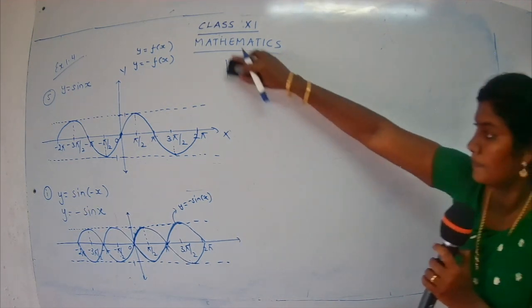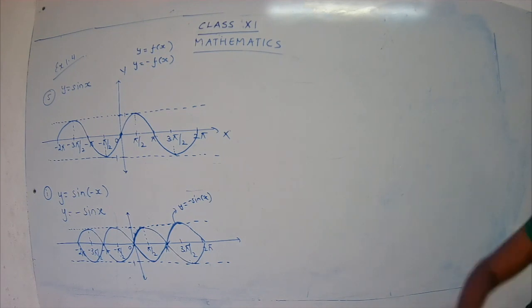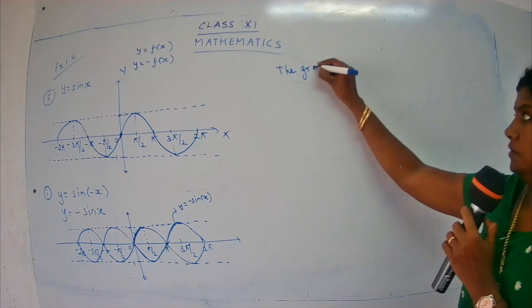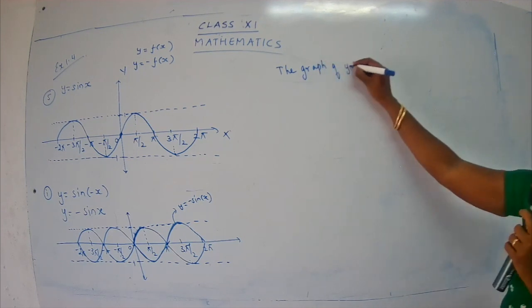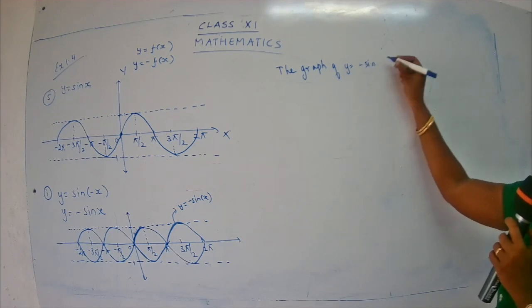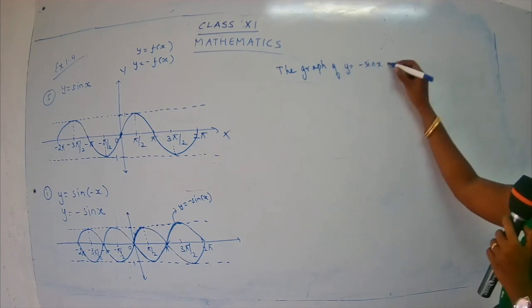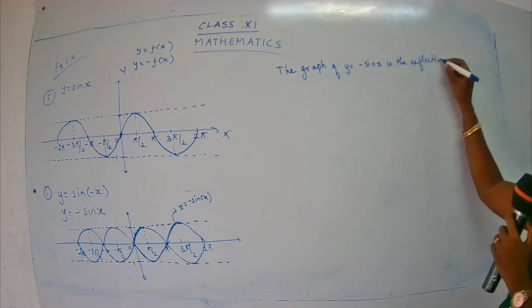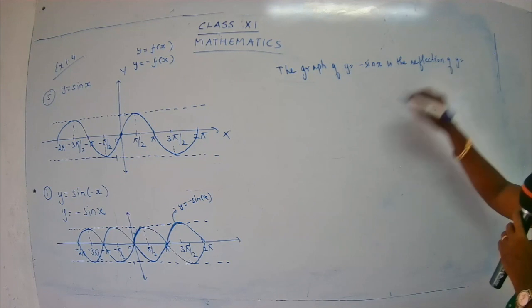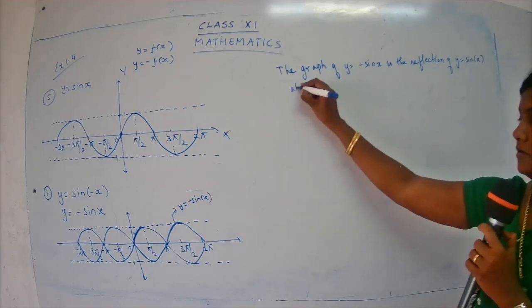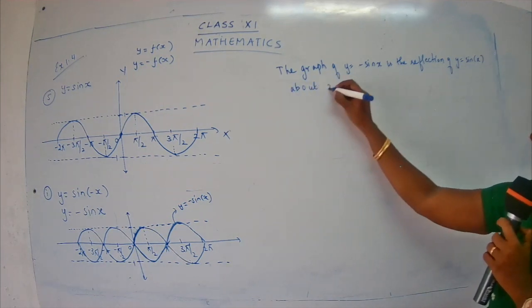The graph of y is equal to minus sin x is the reflection of y is equal to sin x. So they are the reflection of each other about the x-axis.